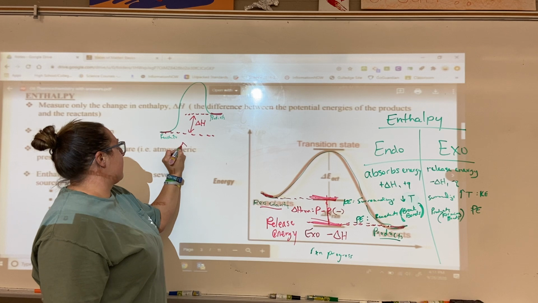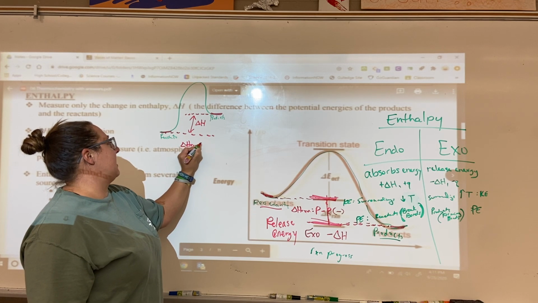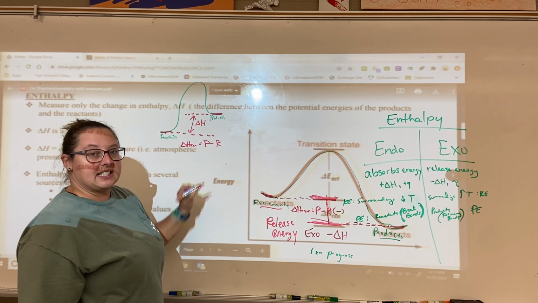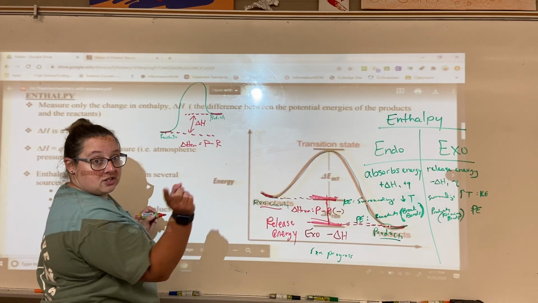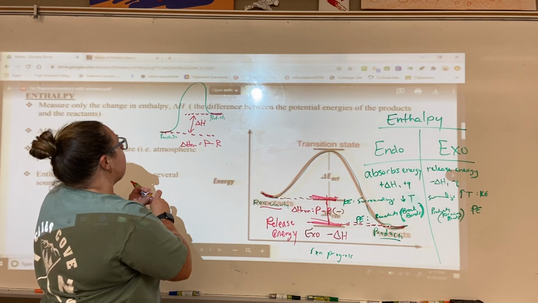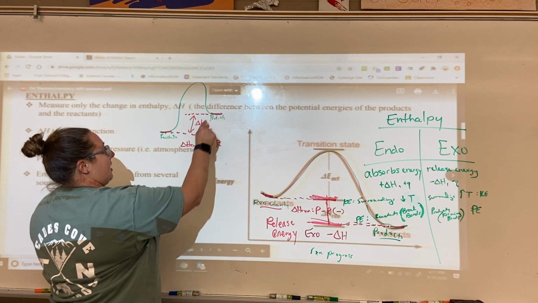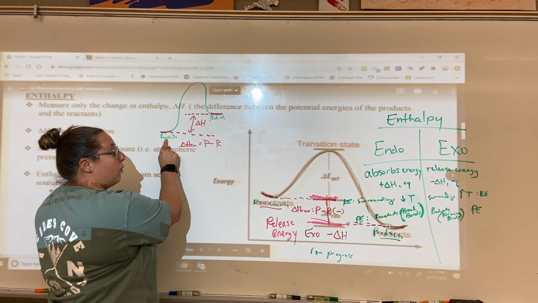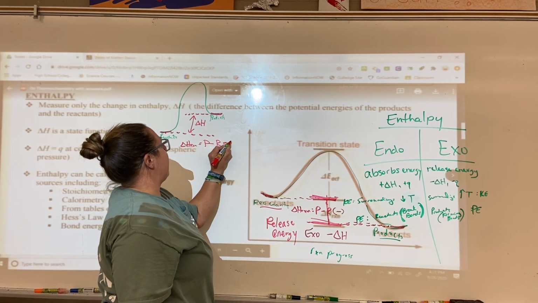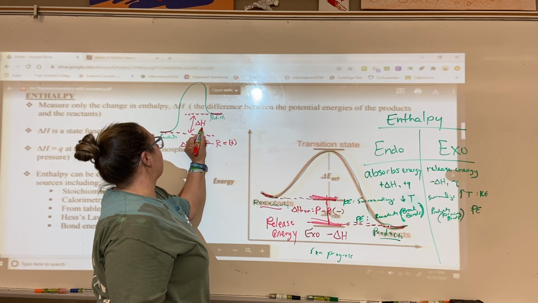If I take my delta H of the reaction and I take the products minus the reactants, it's always products minus reactants. For this case, this is a larger number minus a smaller number. What type of quantity will I get out of that? I will get a positive quantity.